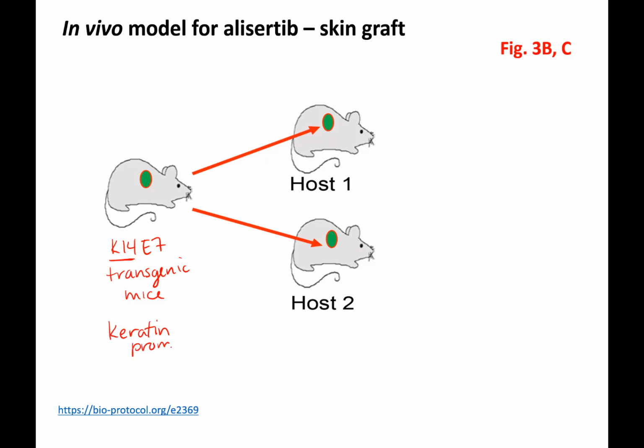So it's only expressed in the skin tissue. So then what they want to do is they want to see what this drug does. And so they actually remove a patch of skin from these transgenic mice. Right? And they graft them on to genetically similar mice. Okay.